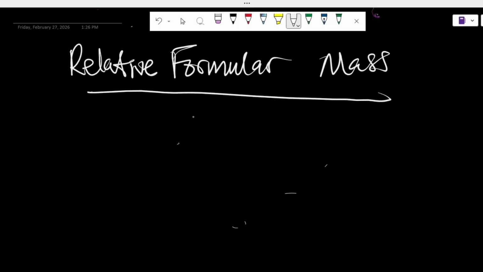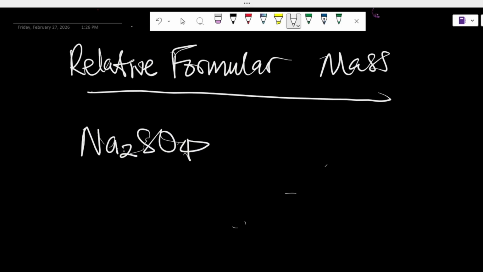Well, when you're talking about the relative formula mass, usually it is another version of the relative molecular mass, but it is usually used for the ionic compounds. So compounds that are ions, like let's say sodium sulfate. This is an ionic compound in the sense that you have 2 ions here forming this particular compound.